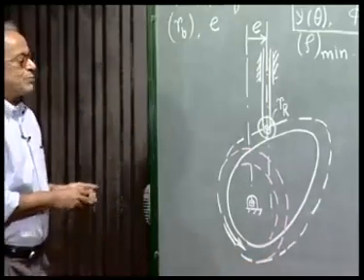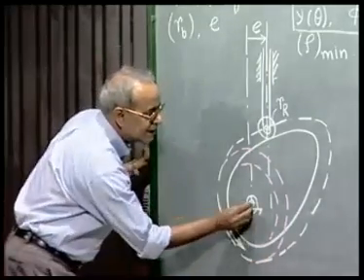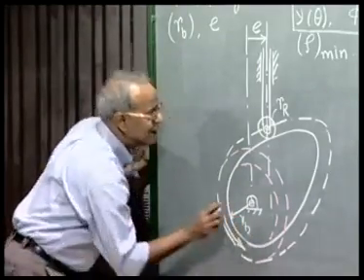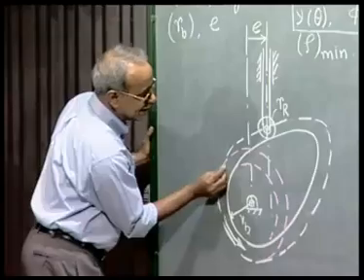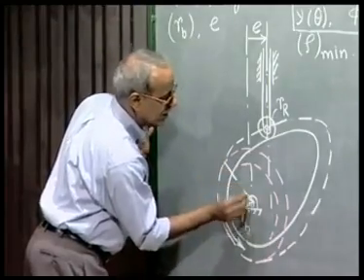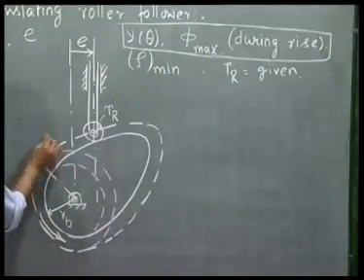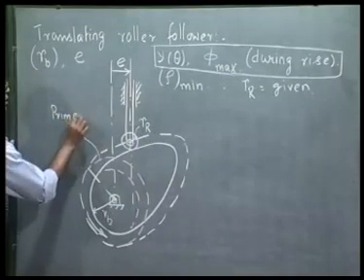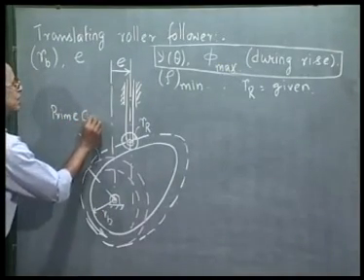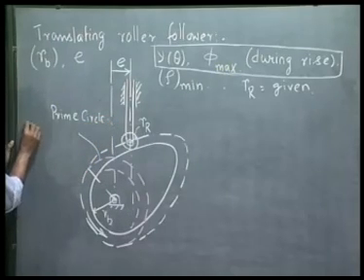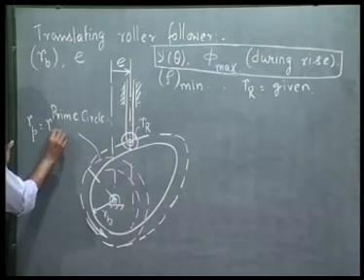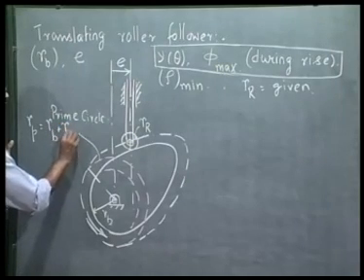This is the base circle, radius RB, and this is the prime circle, whose radius RP is RB plus RR.